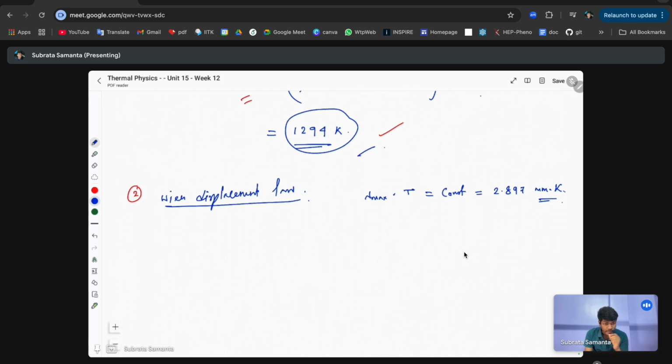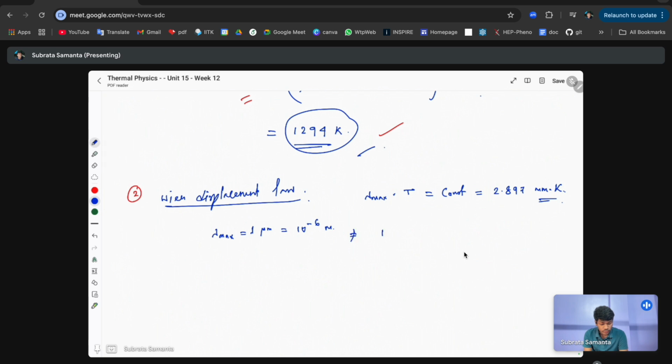Now lambda max is given. Lambda max is the wavelength where u lambda is maximum, and it is 1 micrometer, so 10 to the power minus 6 meter.